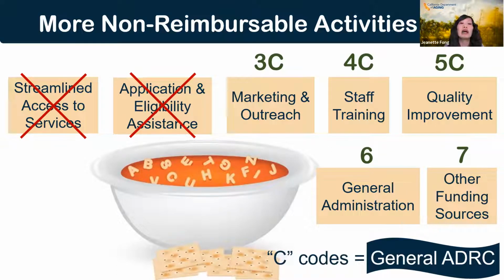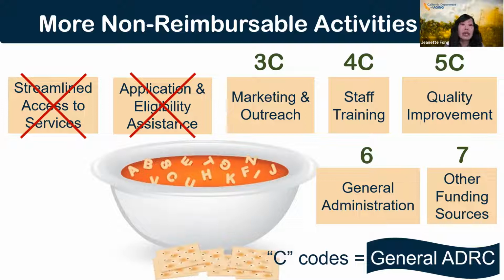So remember, we have our A codes that are Medi-Cal related, and we also have our B codes that are non-Medi-Cal related. Well, we actually have some C codes too, but our C codes are neither Medi-Cal nor non-Medi-Cal related. They're actually not related to services at all, but they're related to the ADRC program in general.